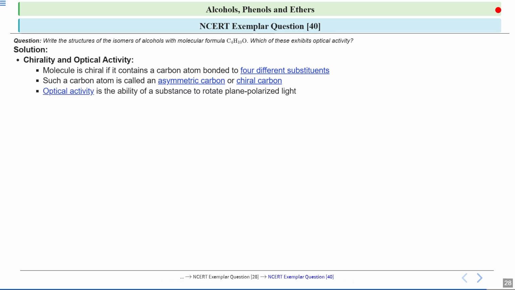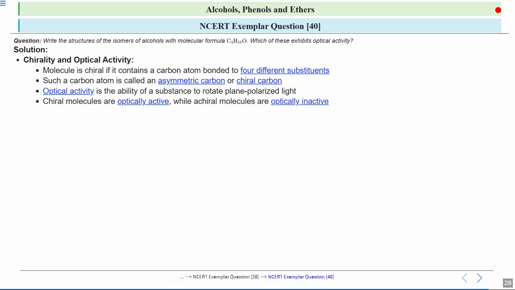Now optical activity is the ability of a substance to rotate the plane polarized light. And chiral molecules are optically active. So if a molecule has 4 different substituents, that is a chiral molecule, and that molecule is optically active.